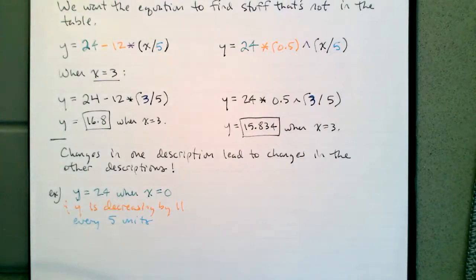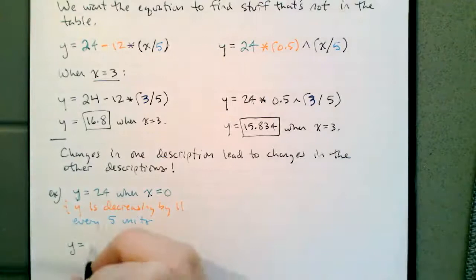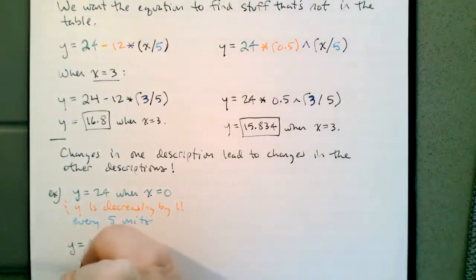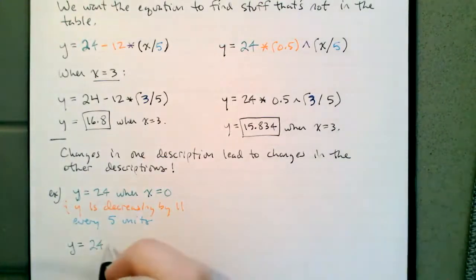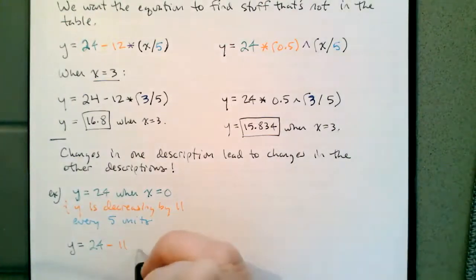So this changes how we would write the equation, but only in how things are changing. We would say y starts off at 24, and now we're going to say decreases by 11 every 5 units still, so still going to multiply by x over 5.